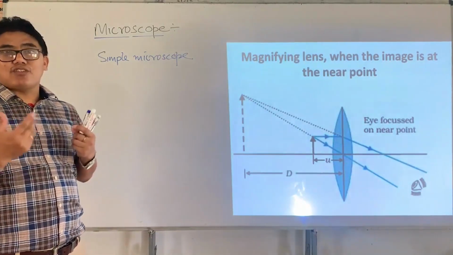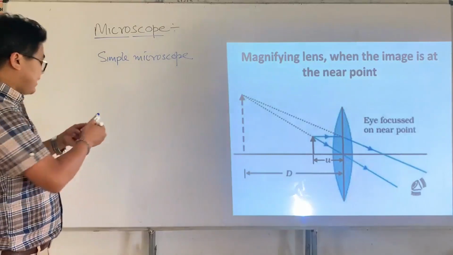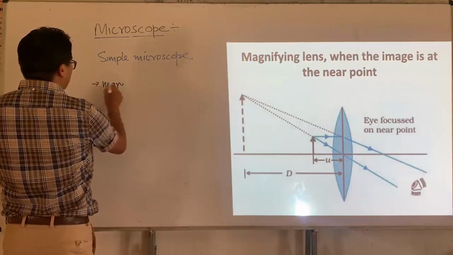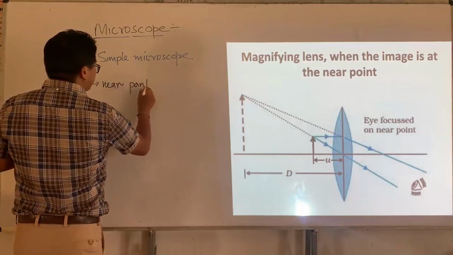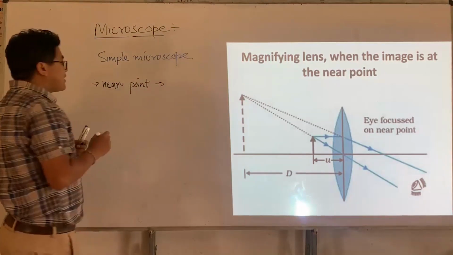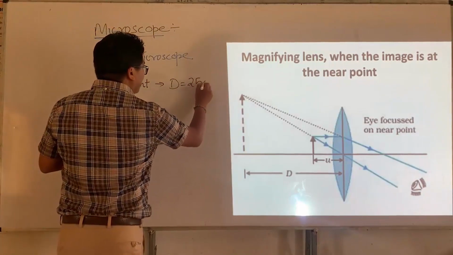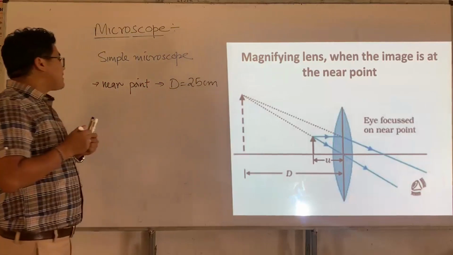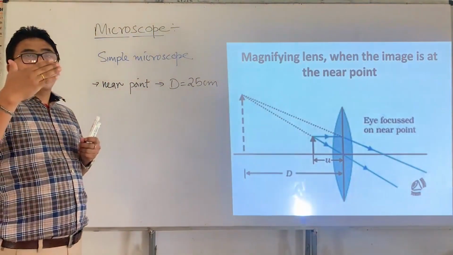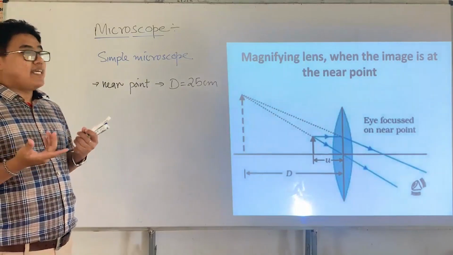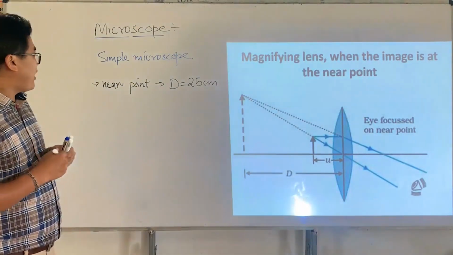We talk about the near point, which is normally denoted by D, which is 25 centimeters, and this is the nearest distance at which we can see comfortably. This is what we call the near point.